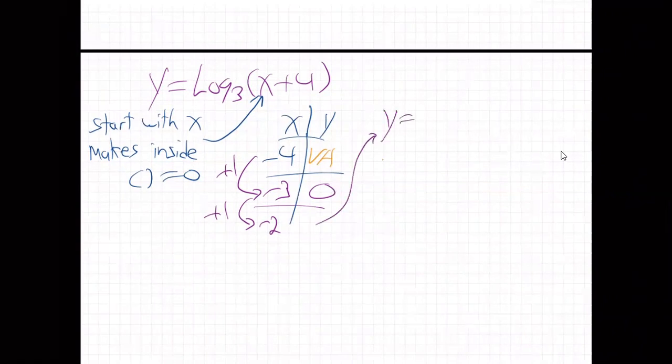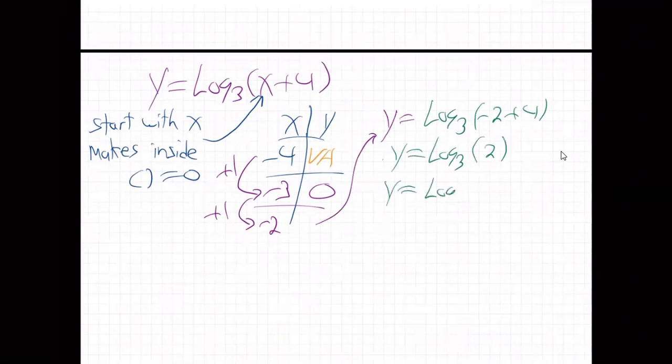Y equals log base 3 of -2 plus 4. Log base 3 of 2. So you know the base goes to the bottom. Hit the buttons on your calculator. What do we got? I'm getting 0.63. That's a decimal. So let's try to get a different value.